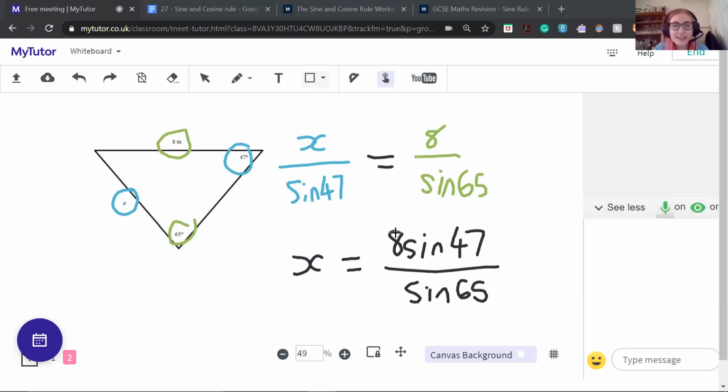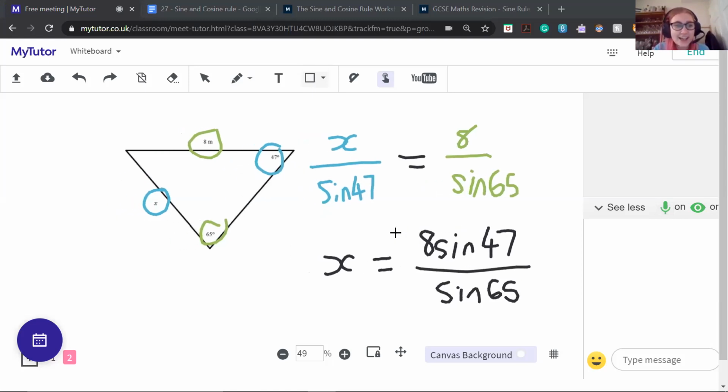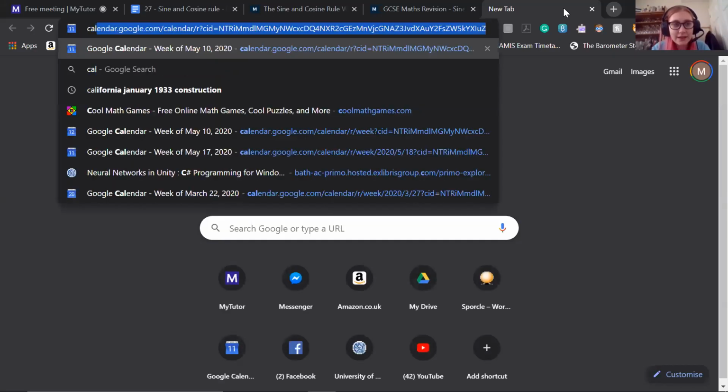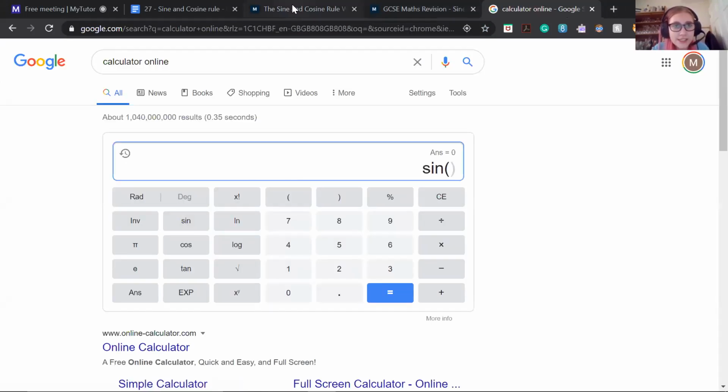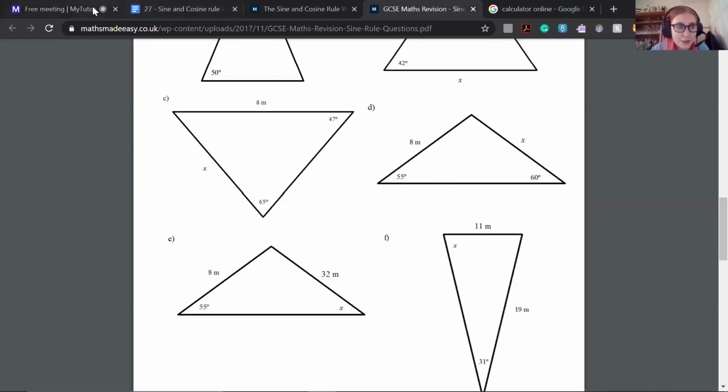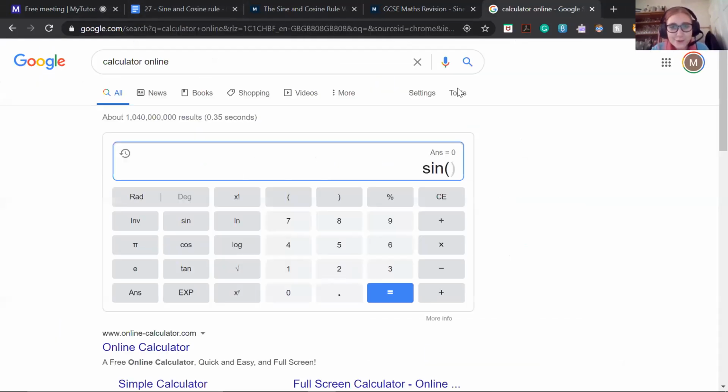So then we can just pop this into our calculator here. Unfortunately, I don't know if I'll be able to put it all into one calculator. After just saying try to put it all in at once, I'm not going to be able to, but I'll try. So 8 sine 47.